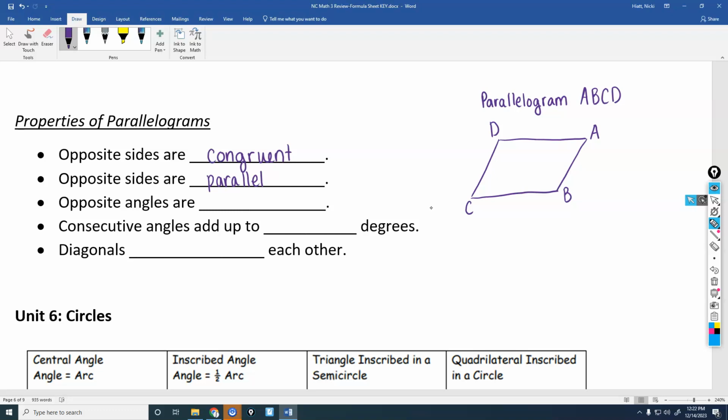These sides right here are equal to each other. These sides right here are equal to each other. They're also parallel, so they'll mark that with one arrow on both of these to show those two are parallel. Then they might do double arrows.